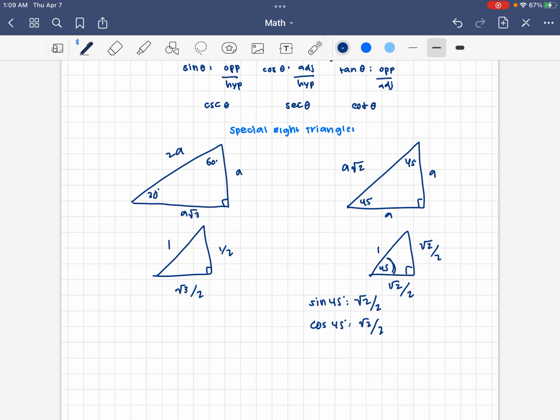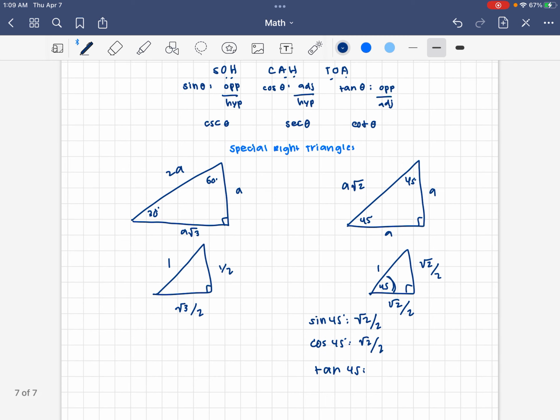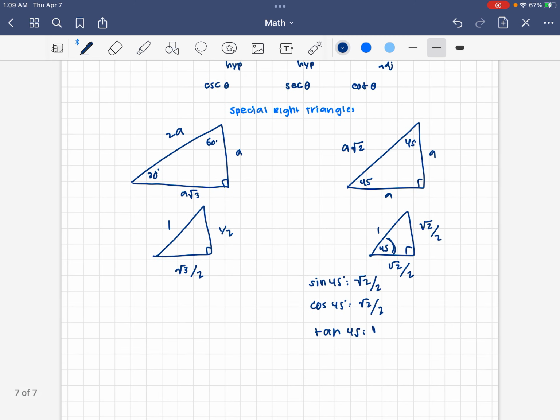Then tan 45 is opposite over adjacent, and that would just give us 1. So tan 45 is 1. And when you flip these, the reciprocals of all of these give you cosecant, secant, and cotangent.